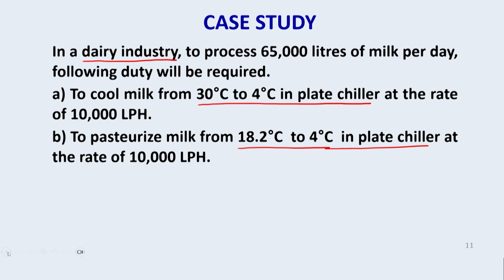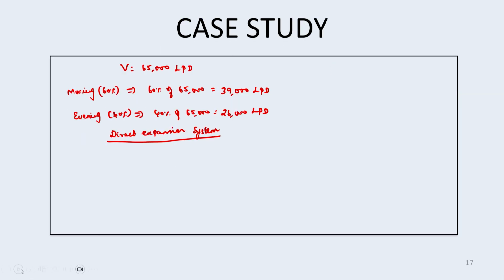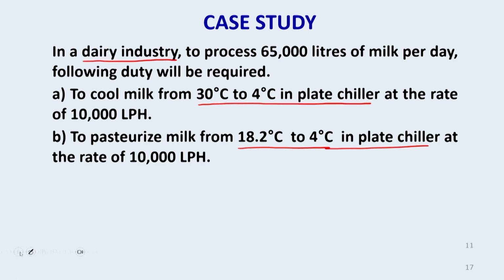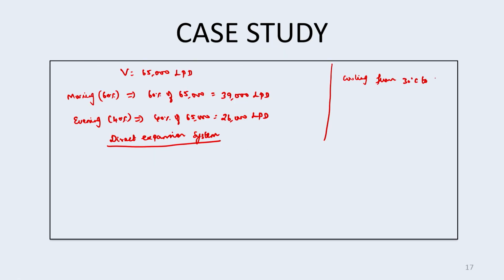Let us take the refrigeration load. Two duties have to be performed. One is cooling the milk from 30 degrees centigrade to 4 degrees centigrade, and the other is the pasteurization process, from 18.2 degrees centigrade to 4 degrees centigrade.